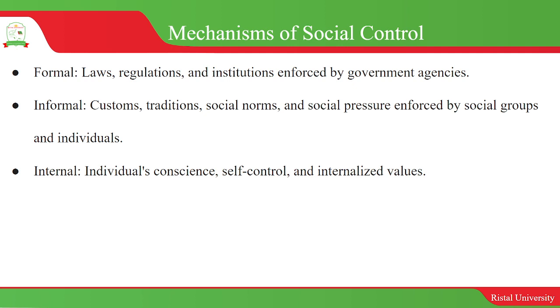Okay, you impregnate someone's daughter, and then the parents of the girl will impose a fine on you, to the parents of the boy, because the boy impregnated the girl. That is informal. Okay, it is based on traditions, customs, and social norms.